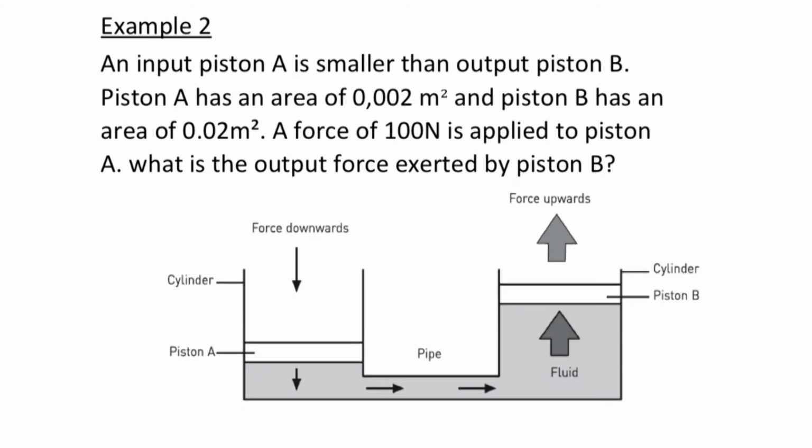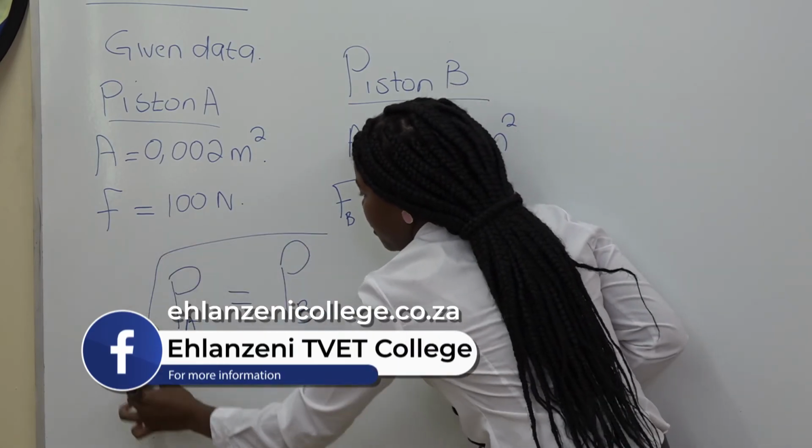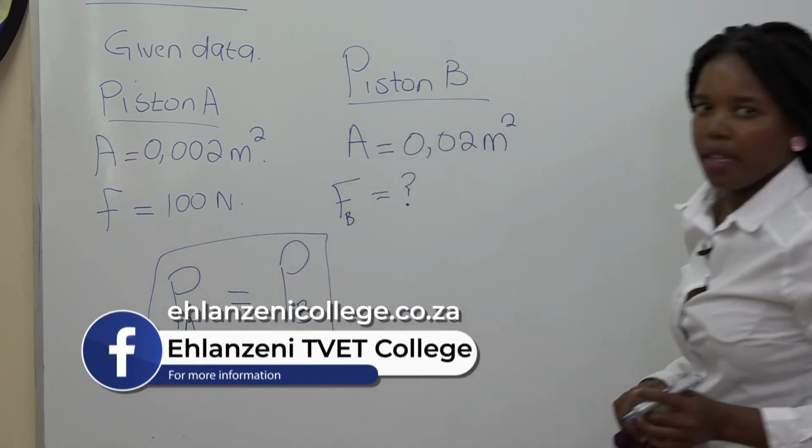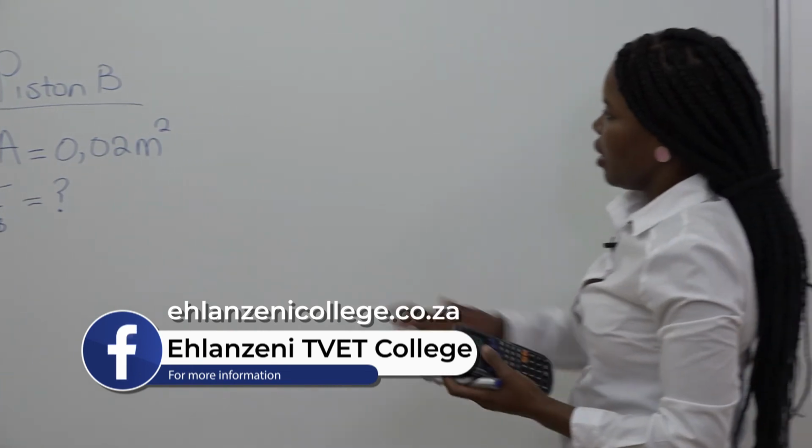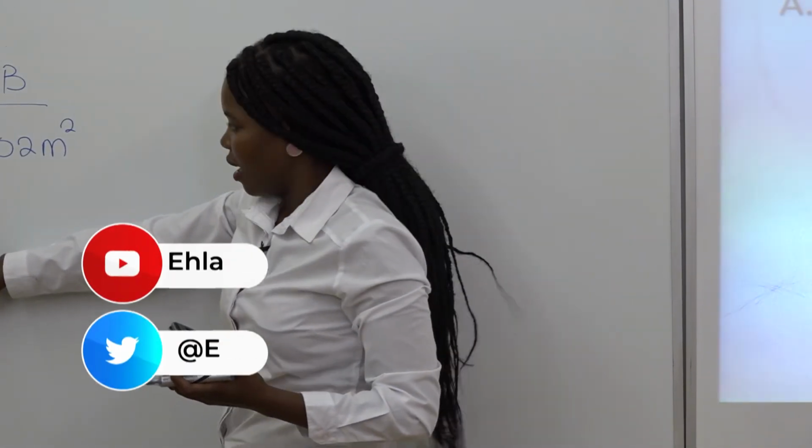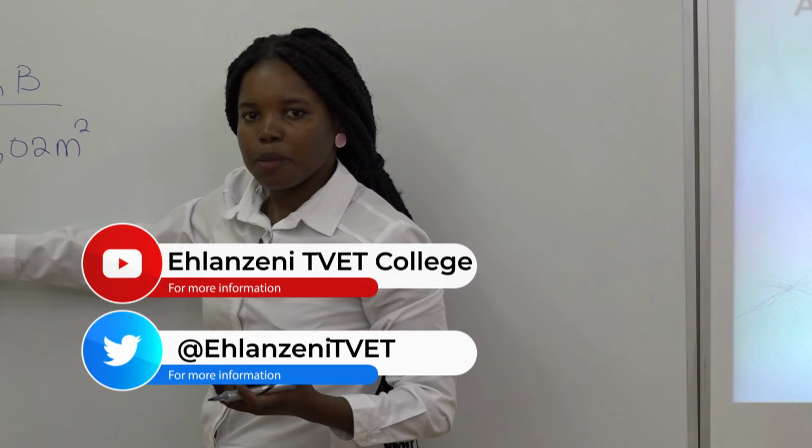So the pressure at piston B will be the same as the pressure at piston A.